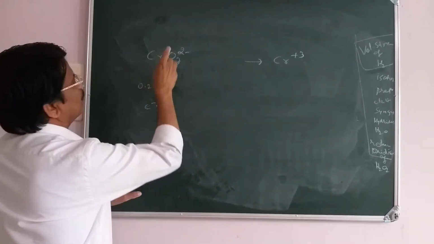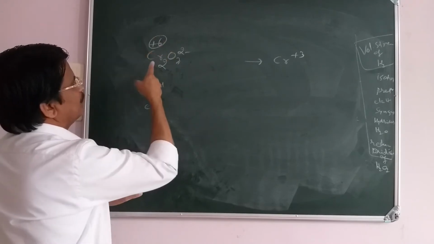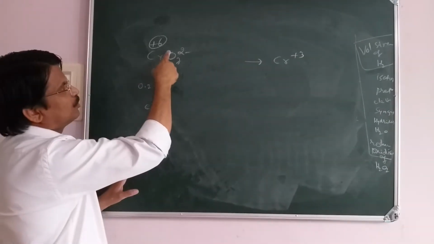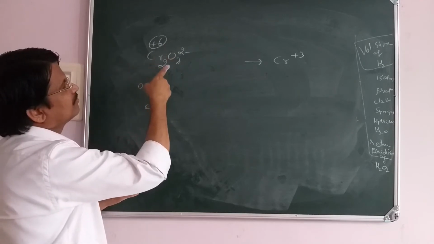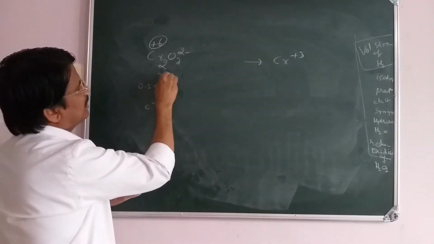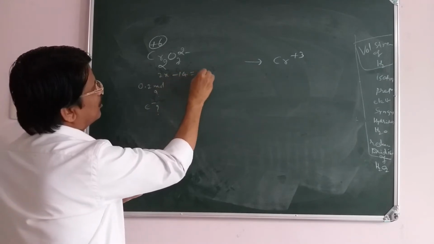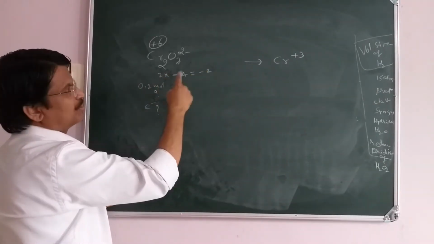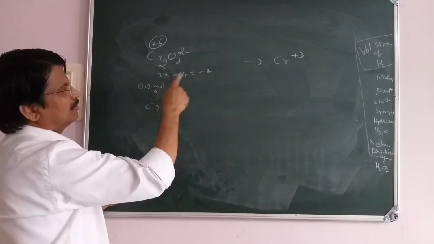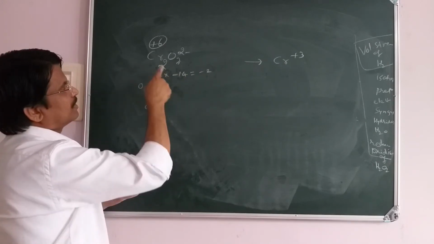Now in dichromate ion, for 1 Cr, 7 into 2 is minus 14. So 2x minus 14 equal to minus 2. Therefore x equal to plus 14 minus 2, plus 12, 12 by 2 is 6. Therefore x equal to plus 6.